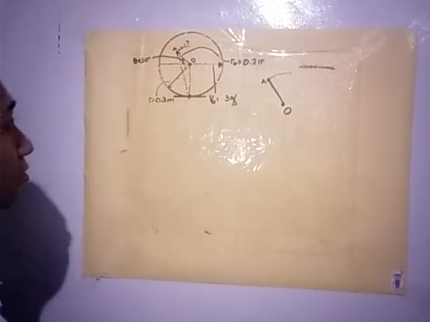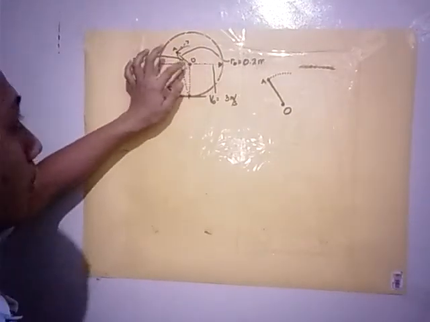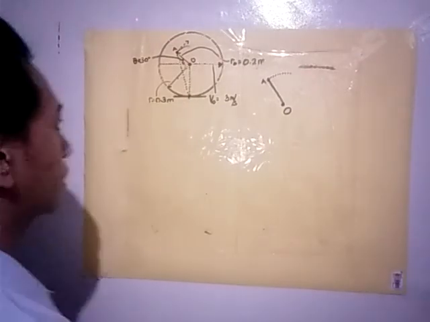Another information: the distance from point O to point A is 0.2 meters.